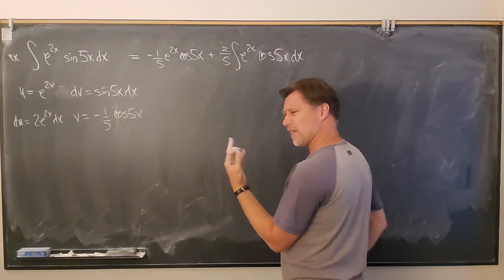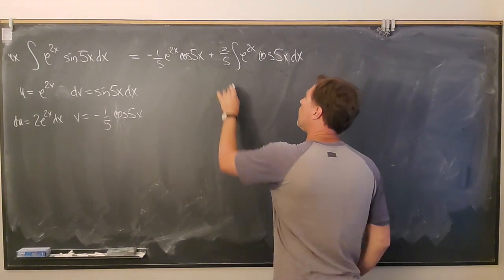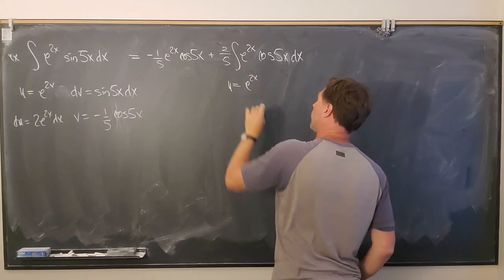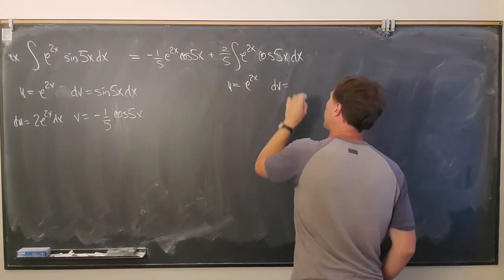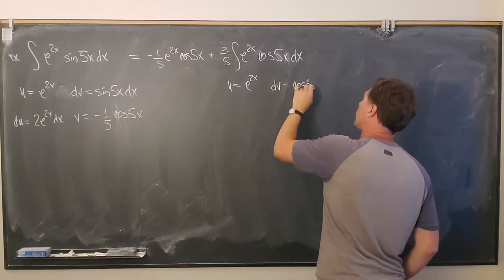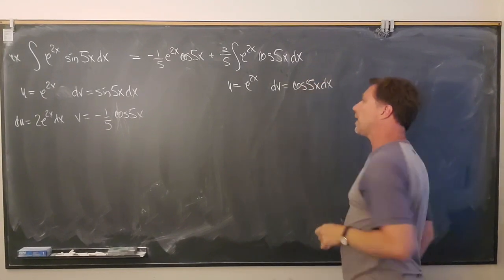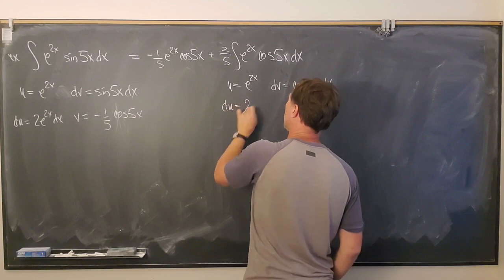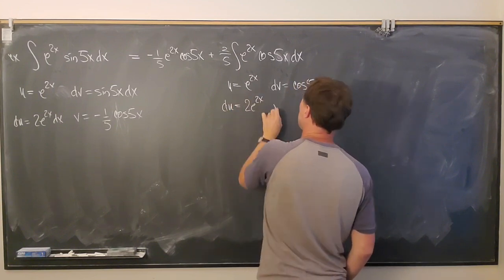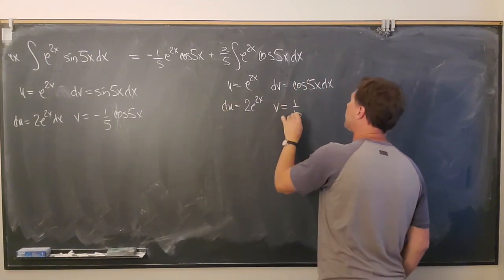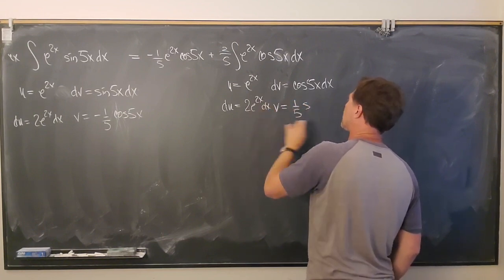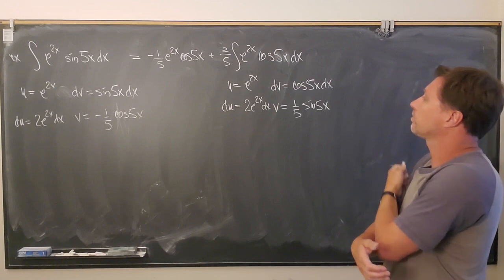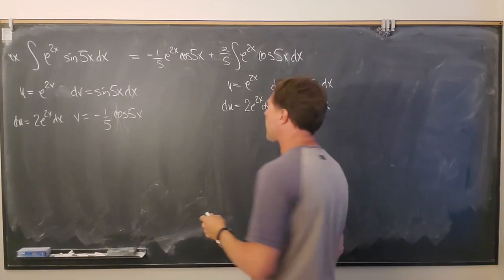Remember I said this thing about being consistent, so I want to choose u equal to the exponential part and dv equal to the trig part. Compute du, 2e to the 2x, compute v, and we get 1/5 sine 5x. I want to keep track of what I have here.